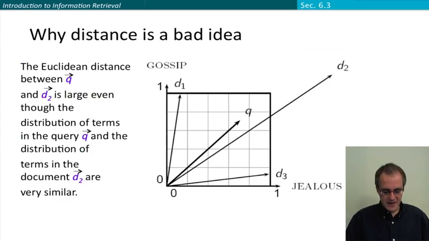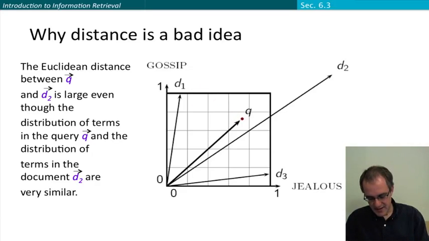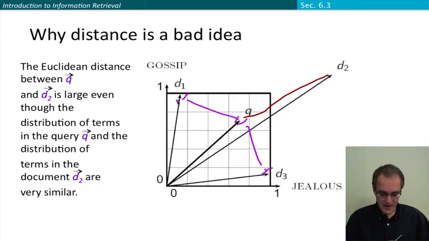Let's suppose here is our vector space. Well, what we're finding is the distance between here and here is large. In particular, it's larger than either the distance here or the distance there. But if we actually think of this in terms of an information retrieval problem and look at what's in our space, that seems wrong.